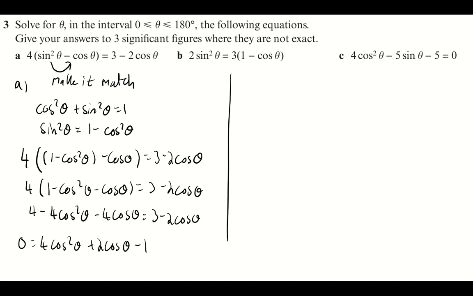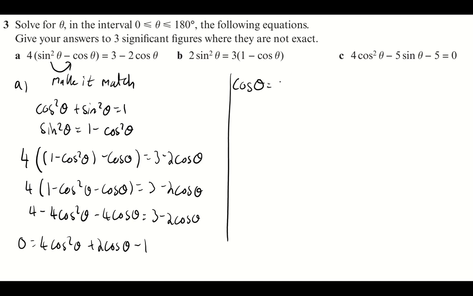I won't do the cos trick this time, so you can see how that would look, but you could swap the coses for c's if it makes life easier. Let's see if that factorises quickly. Oh, it doesn't. That's not got a nice solution, so I have to use the quadratic formula for this one.